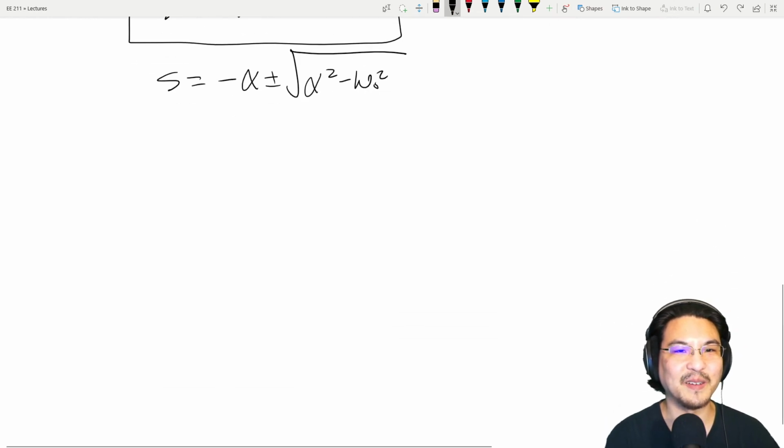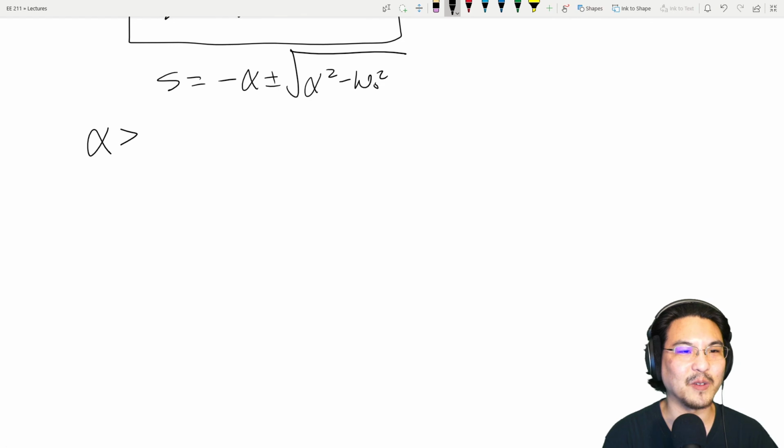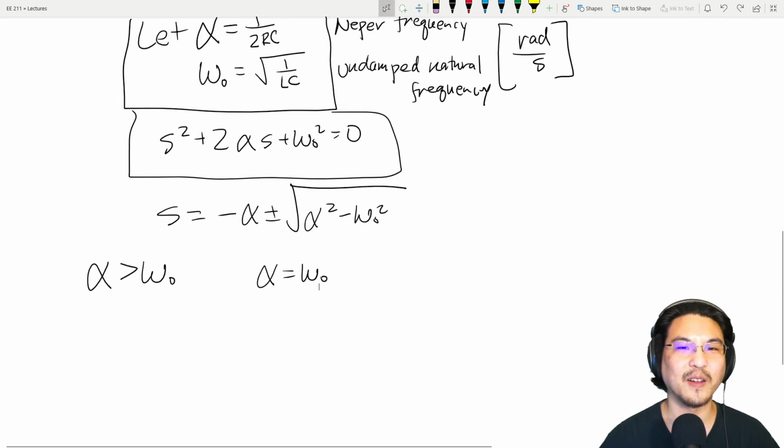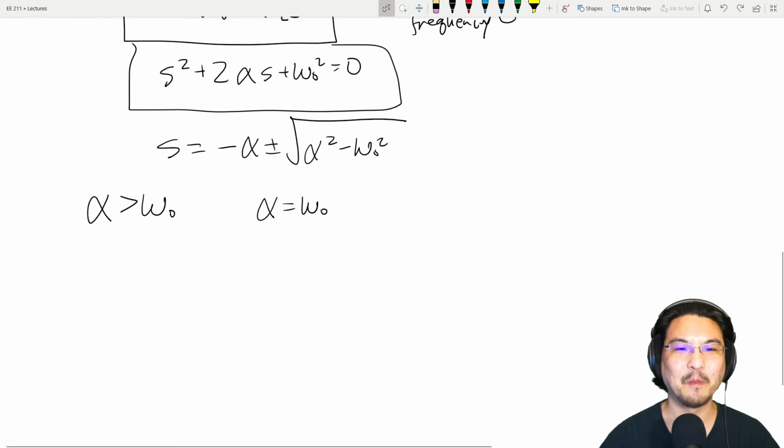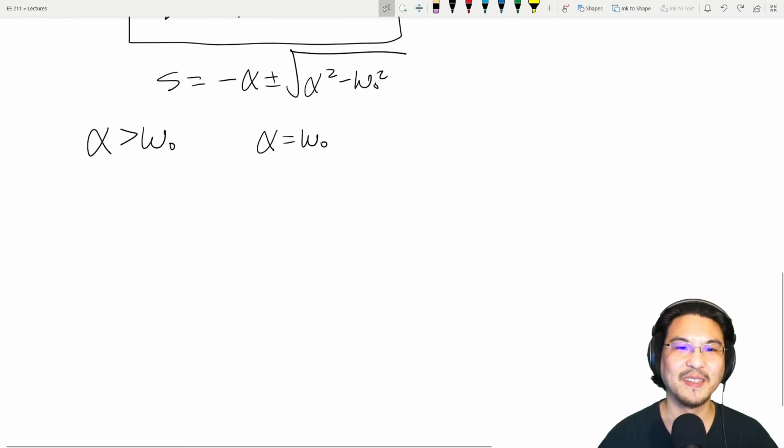So possibility 1, let's say alpha is larger than omega naught. What happens then? This would be positive, right? What happens if alpha equals omega naught? This would be 0, and then we would only have one root for a quadratic. We're supposed to have two roots for a quadratic, right? So that's called a repeated root. And then what happens if alpha is less than omega naught?